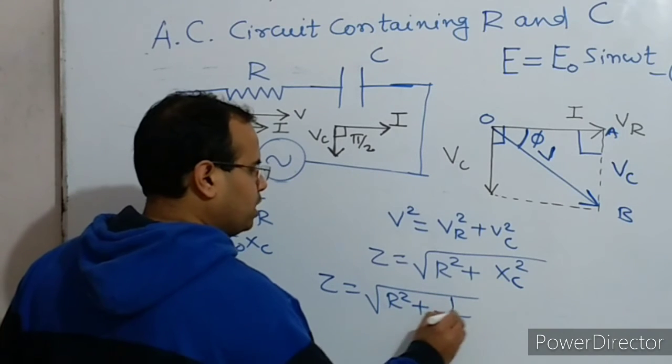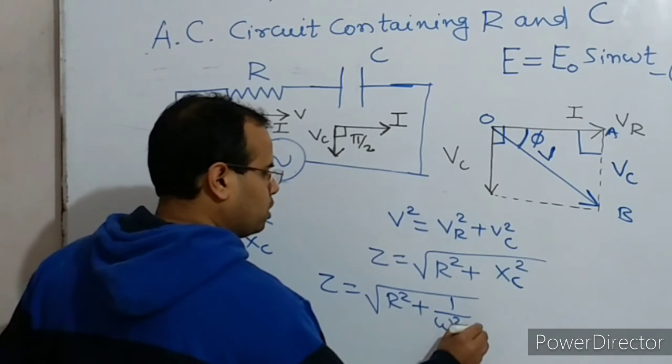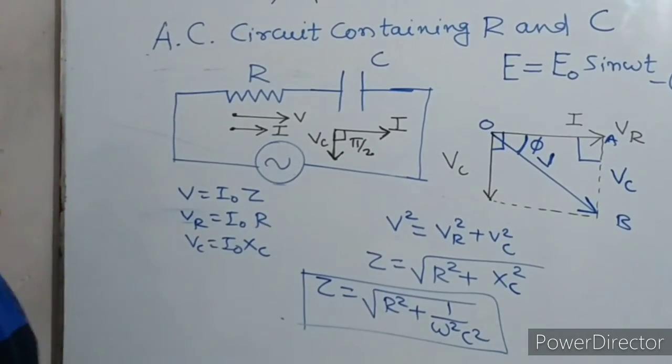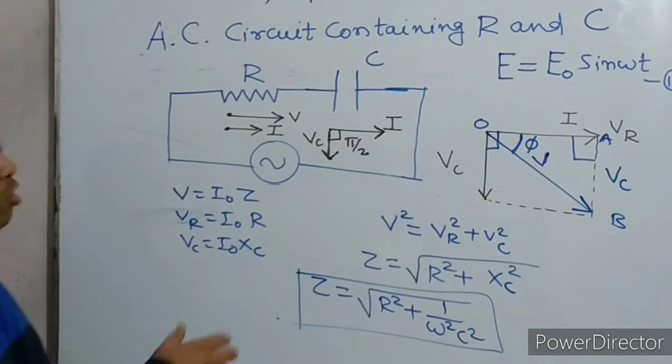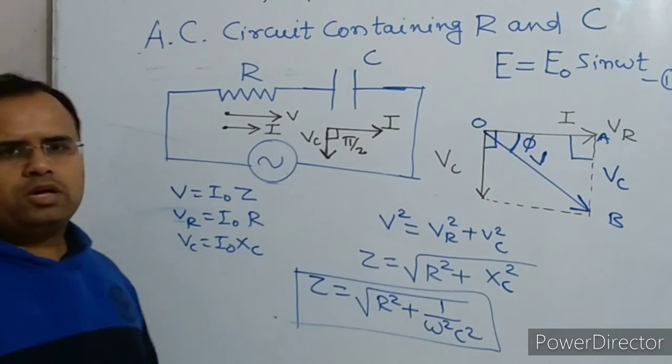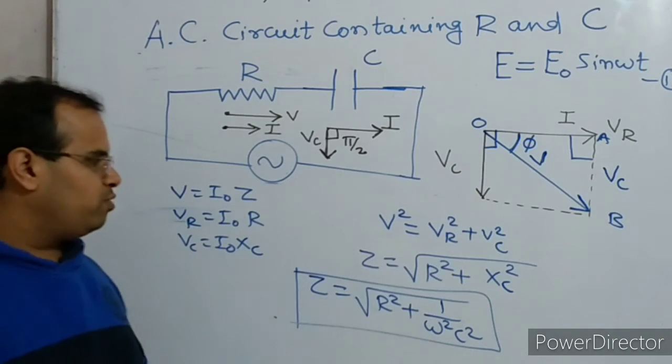XC is 1 upon omega C, so Z equals the square root of R squared plus 1 upon omega squared C squared, and that is the expression for the impedance. So this is how the combinations RL and RC behave when an alternating EMF is connected.